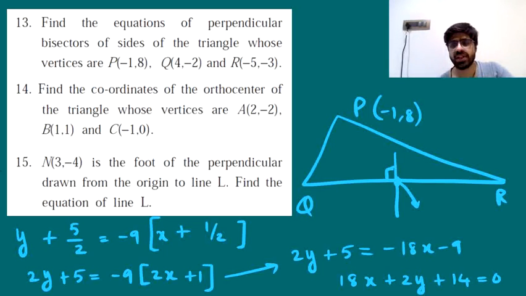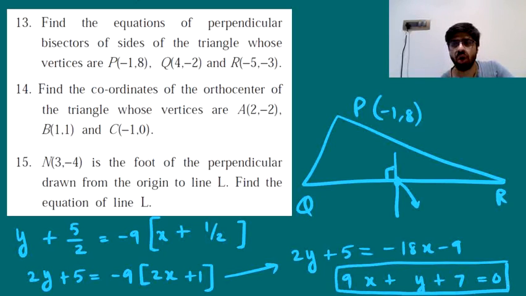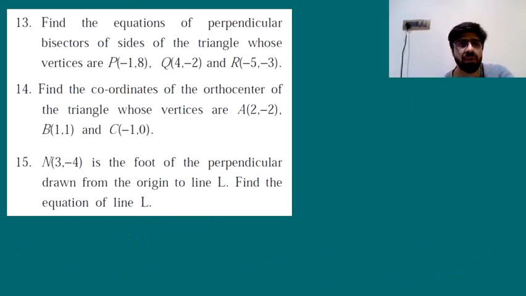If you divide both the sides with 2, this will become 9x plus y plus 7 equals 0 upon 2, and that 0 upon 2 will be 0. So this is the final equation of the perpendicular bisector of QR. In a similar way, you can find the perpendicular bisectors of PQ and PR also. I'll leave that job up to you guys, and we go ahead with our question number 14.